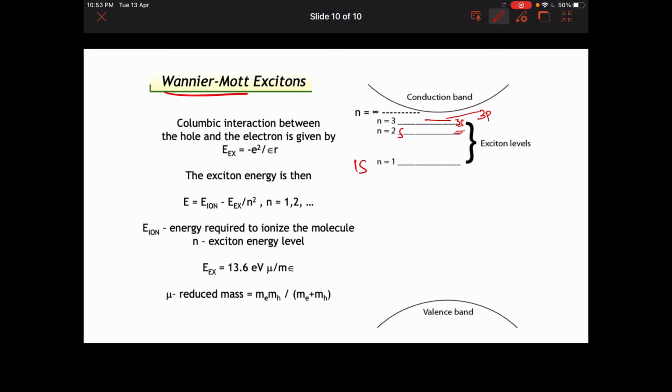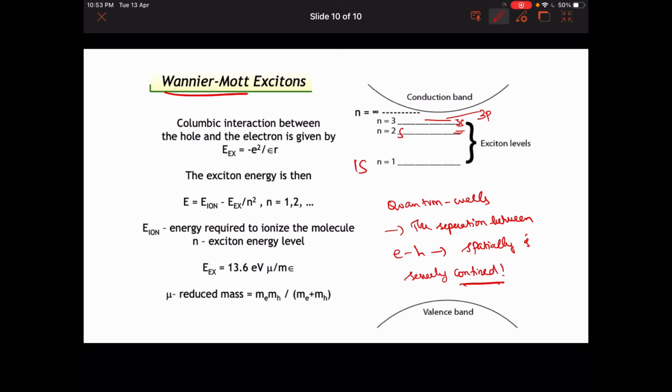Another important thing that one needs to understand when we are talking about excitons is that whenever you have quantum wells, the separation between electrons and holes spatially is severely confined, right?